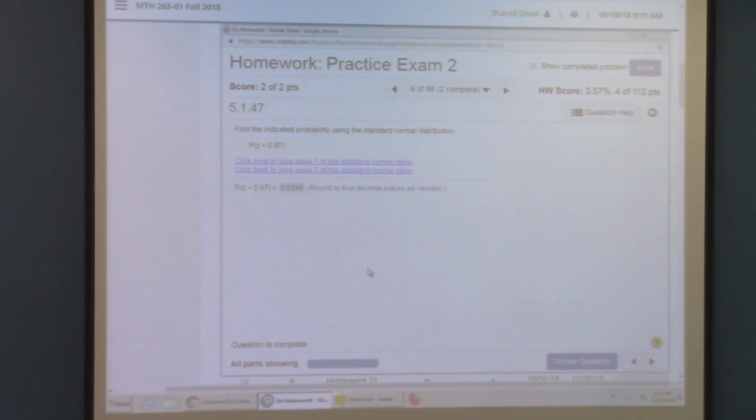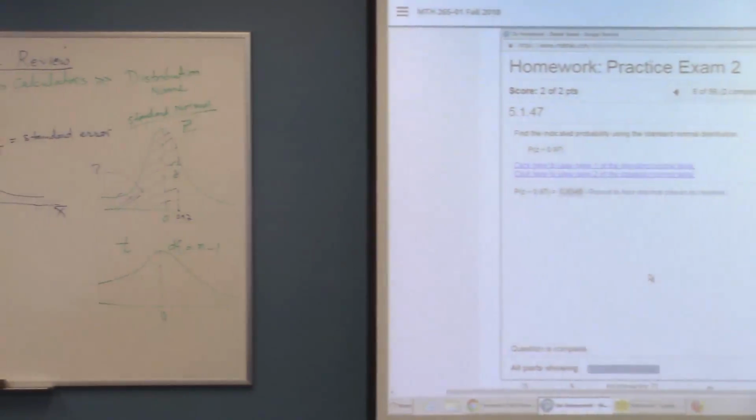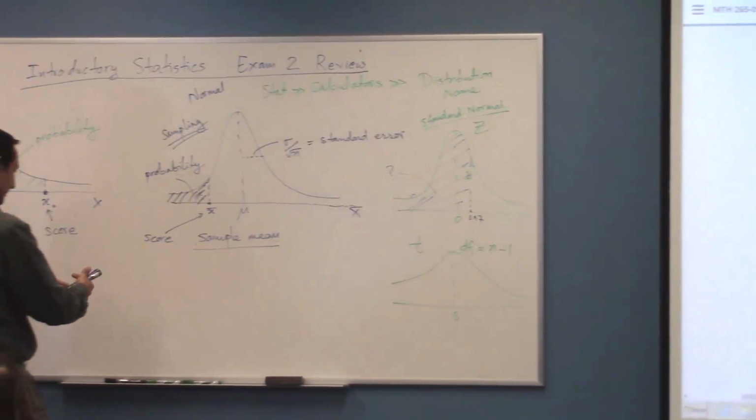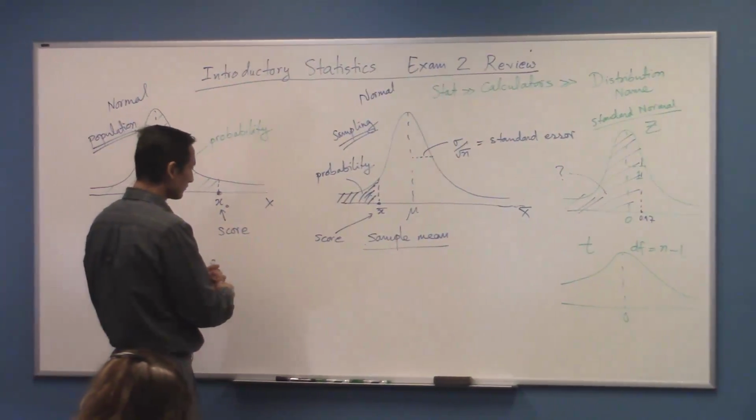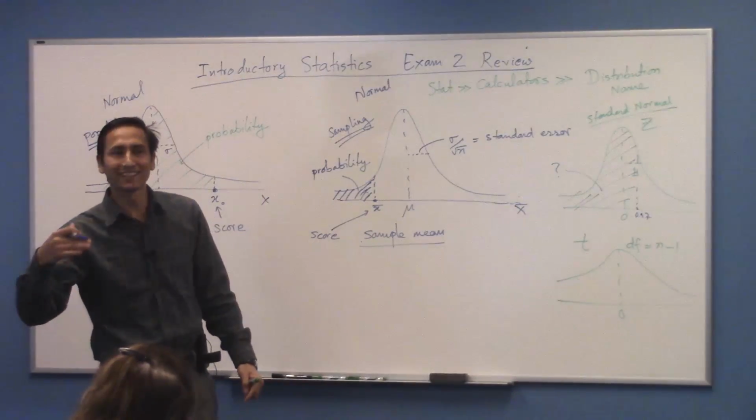All right, so now you see the same idea carries over when we are computing confidence intervals. The only thing that's new is for confidence intervals, we need to use what's called critical values.